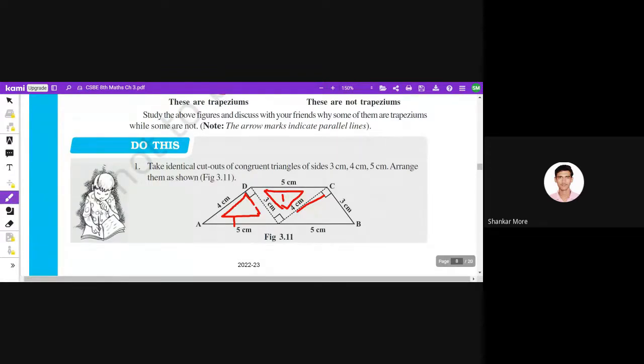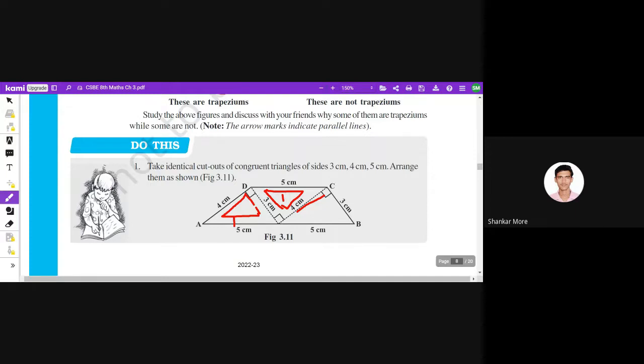बाकी लोग बताओ, how many of you have done this activity or at least tried? None of you? Okay, I take your silence as no. That means nobody has done this. Okay, Raj has done this. All right. Anyone else?